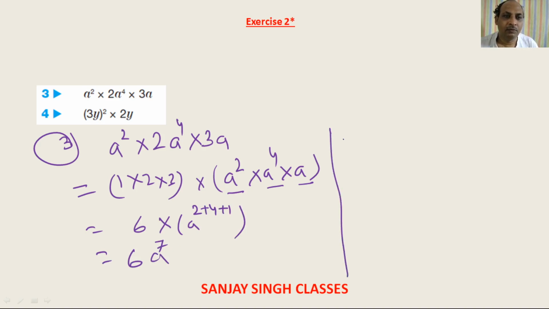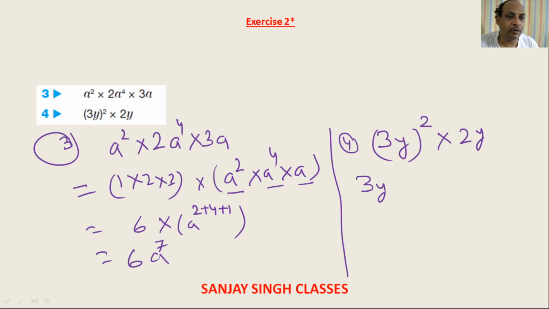Question 4. 3y whole square into 2y. So 3y whole square is what? 3y into 3y. It is complete, not only y square, 3y complete whole square is there. So 3y into 3y into 2y.